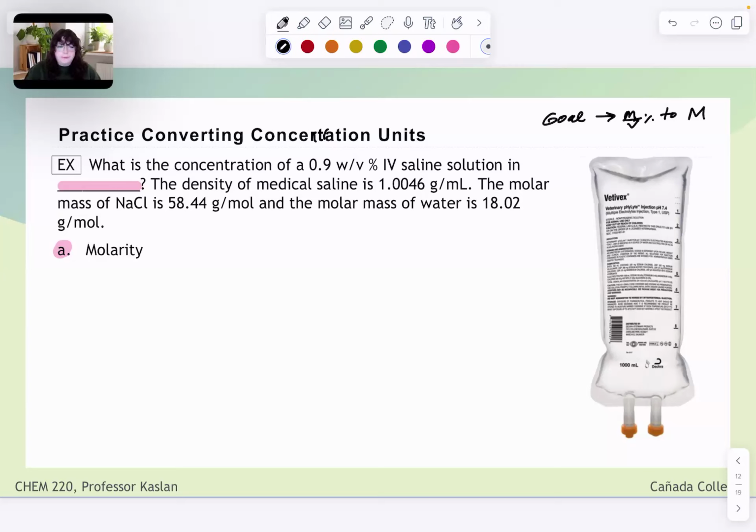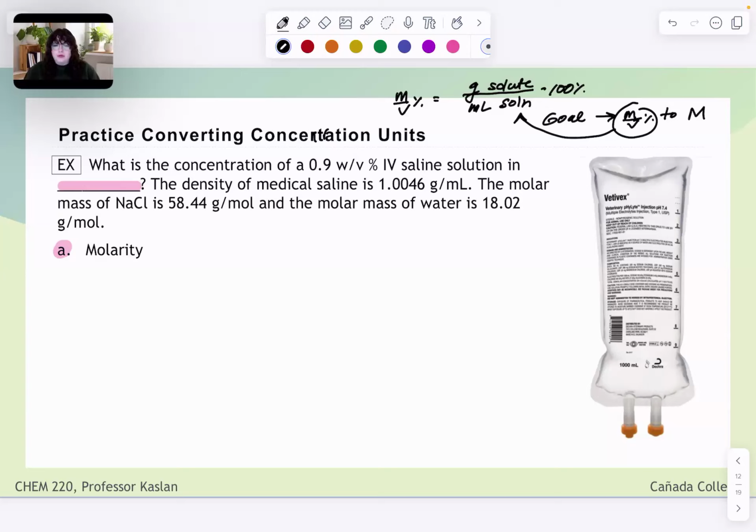So let's see if we can figure out maybe some extensive properties. I think a good idea is perhaps starting from some definitions here. So if we're trying to convert from mass volume percent, remember the definition of mass volume percent is grams solute per volume solution, here milliliter solution, times 100%.